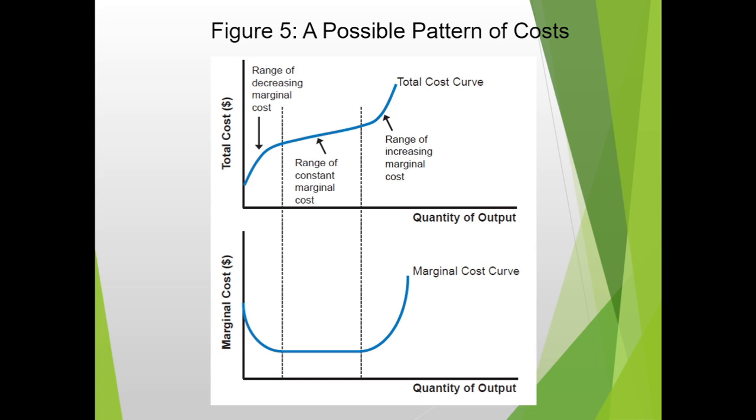So in this figure, what you can see, we have two graphs. First of all, let me explain to you the marginal cost curve. The marginal cost will decrease, then it will become constant, and then it will start to increase.